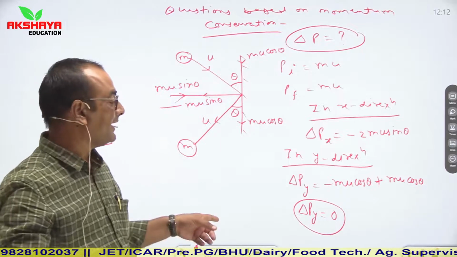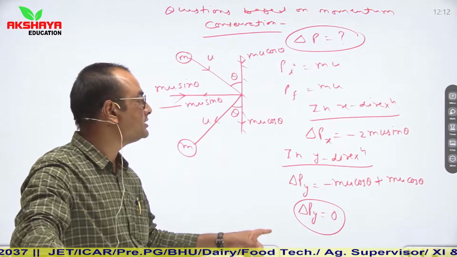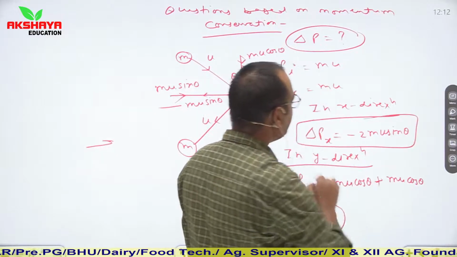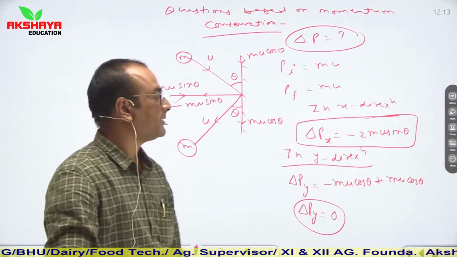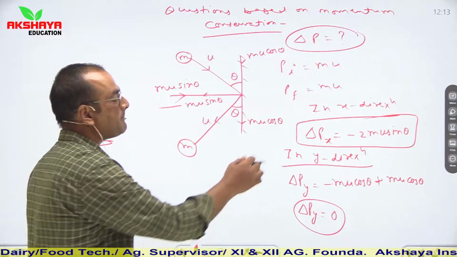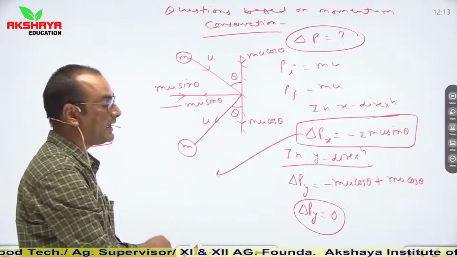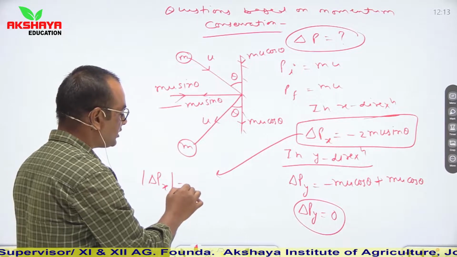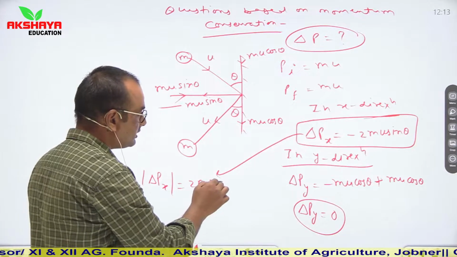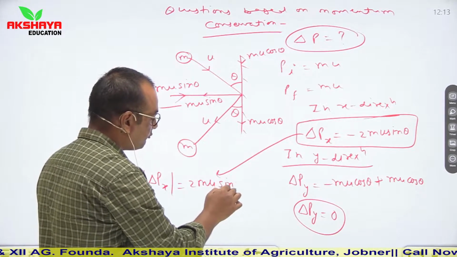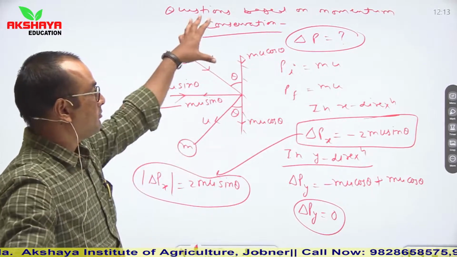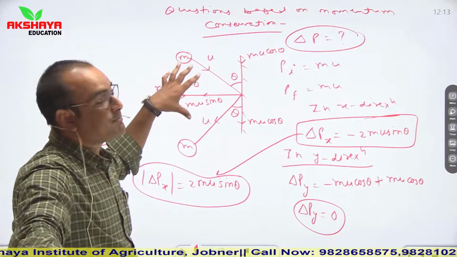Keep in mind, in the y direction the change in momentum will be 0, and in the x direction it is minus 2 mu sin theta. If you simply calculate the magnitude of the change in momentum in the x direction, del px is equal to 2 mu sin theta. This is the concept of momentum conservation in such a pattern of question.